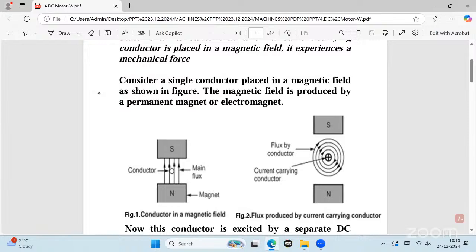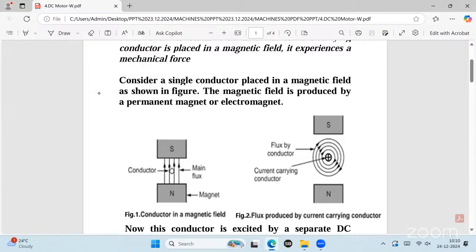First, I need a magnet. North pole to south pole, main flux. The small one is called a conductor. Instead of the armature, I have taken a small conductor, because I cannot draw the armature. In the armature, what do we have?